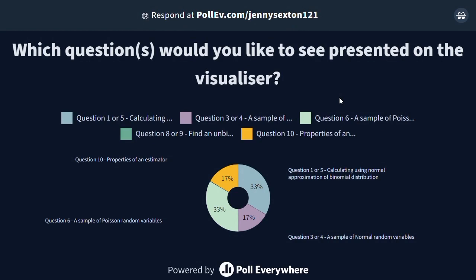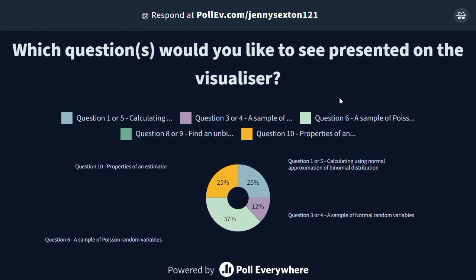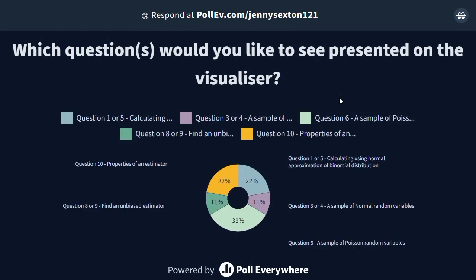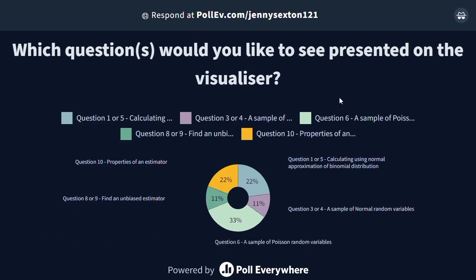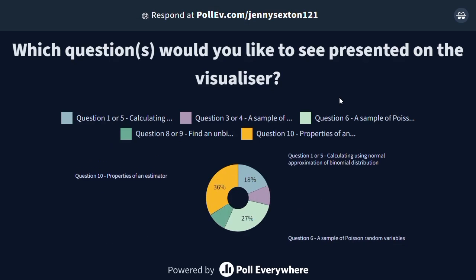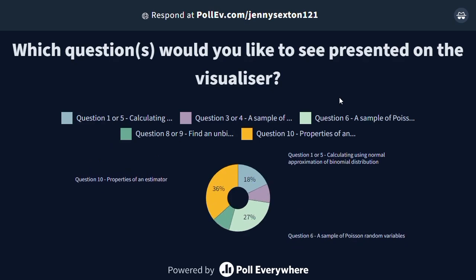So if you've not had a go or you want to change your mind, pile in and... Oh, okay, there we go. Right. All right, so that's definitely swung in favour of seeing question 6. Oh, and number 10 is coming from behind there.